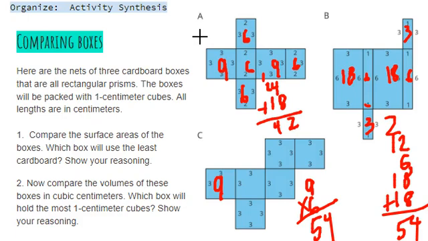Is that going to be true for its volume? Because we want to get the one that holds the most in it. So A had the least amount of cardboard. Which one's going to have the least amount of volume? Well, I've got 2, 3, and 3. So 2 times 3 is 6 times 3.